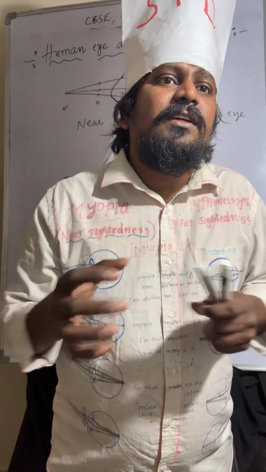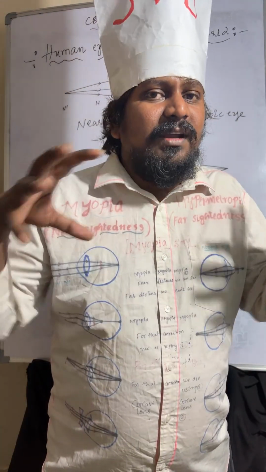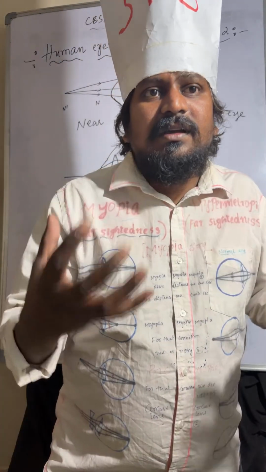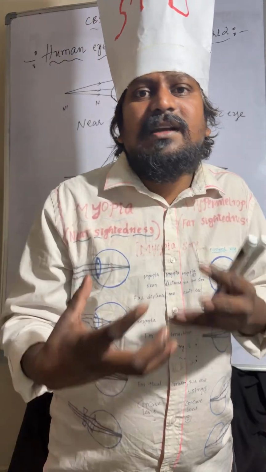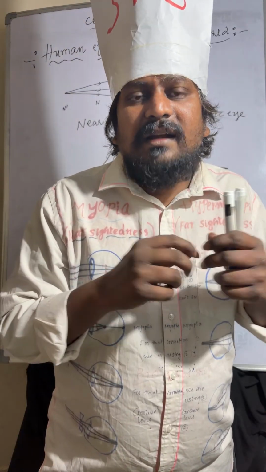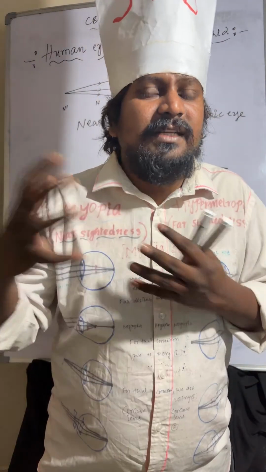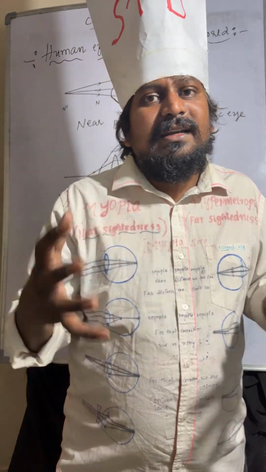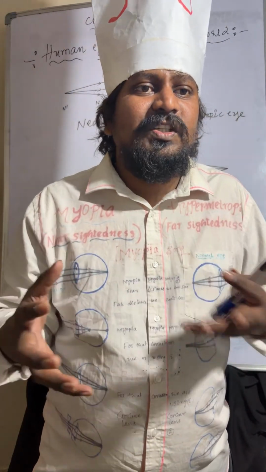Whatever I am explaining, whatever I am giving, everything is there from the textbook. Even I have written my own handwritten notes also. With those notes only I am explaining, along with the textbook. I have great experience, near 10 years of experience in teaching.